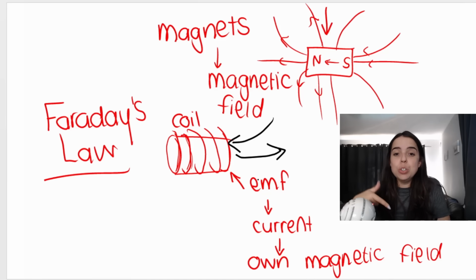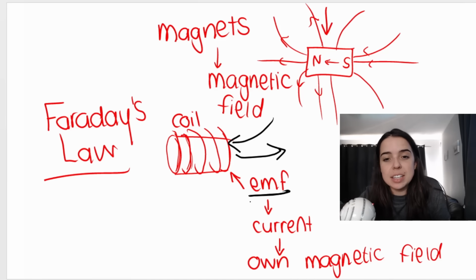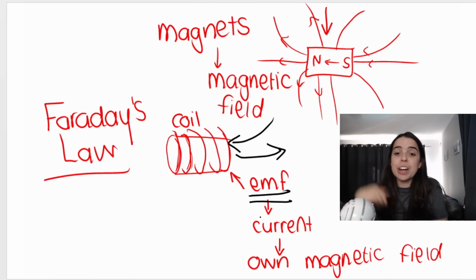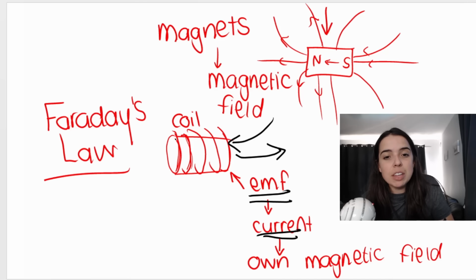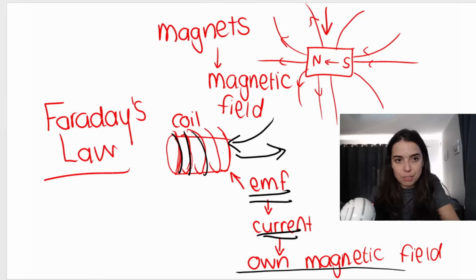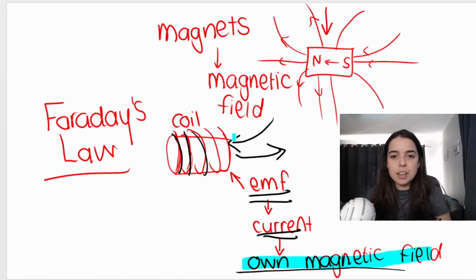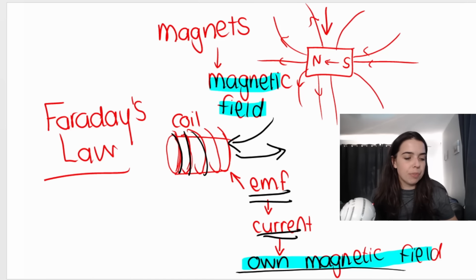This induces an EMF. The EMF creates a current, and the current that flows through the coil creates its own magnetic field. Now think of it like this. The new magnetic field that is created and the old magnetic field, they're in competition with each other.